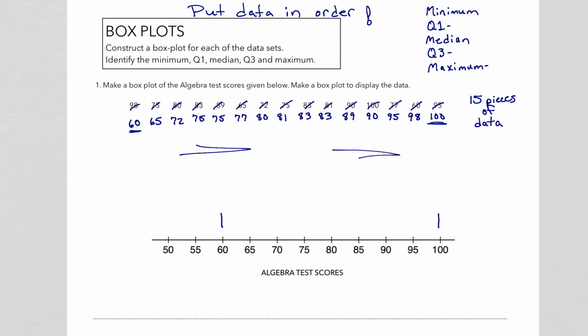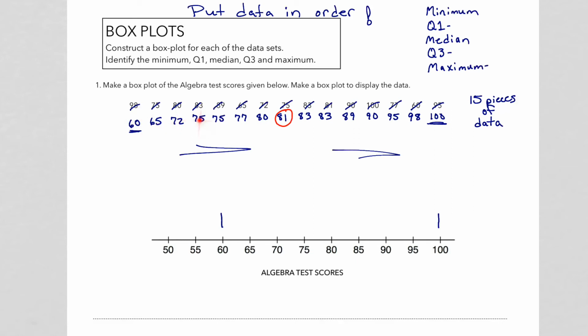So if we count from the outside in, 60 and 100 go together, 65 and 98 go together, 72 and 95 go together, 75 and 90, 75 and 89, 77 and 83, 80 and 83, and we find that this 81 is right in the middle.